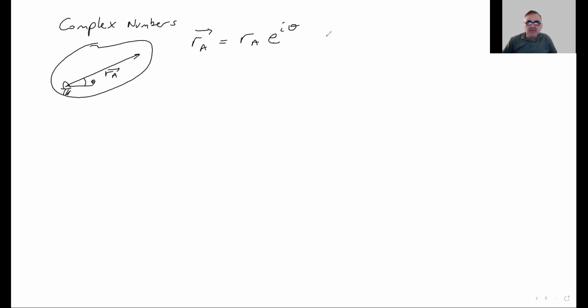If you take the derivative, which you can, of this thing, VA, which is RA dot, is equal to, well, we will take the derivative of this now.